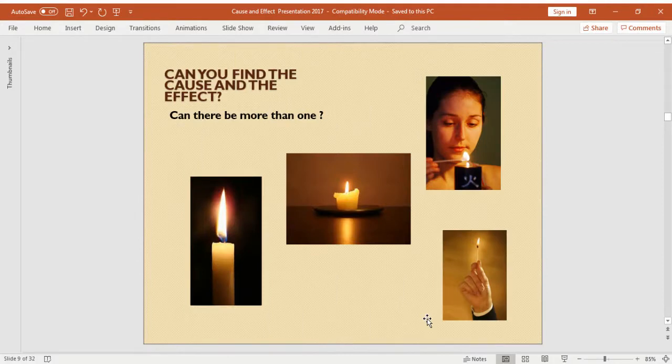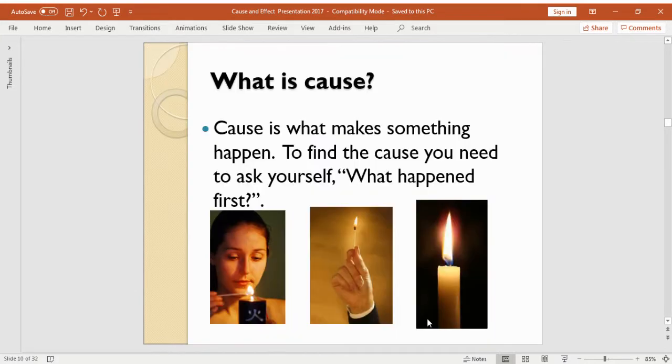Now let's focus on our lesson today, which is cause and effect. As you're looking at this picture, keep in mind you want to find what is the cause and what could be the effect. But first, let's look at the definition of what is cause. Cause is what makes something happen.